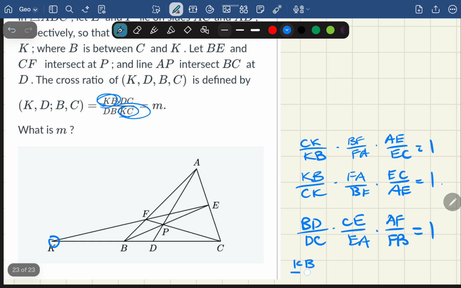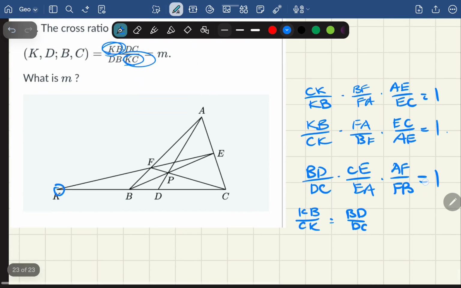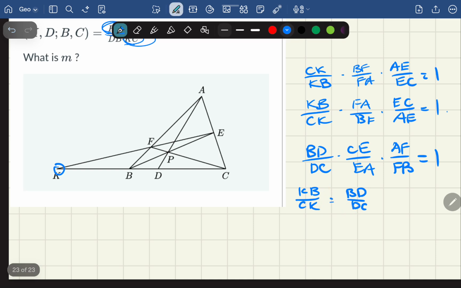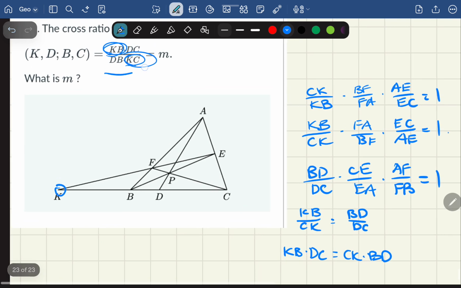Meaning KB over CK is equal to BD over DC, and now we realize why we put BD on the top, because then we can multiply this by this and this by this to cross multiply. Right, so we have KB times DC is equal to CK times BD, meaning this ratio is equal to 0, 0, 1.